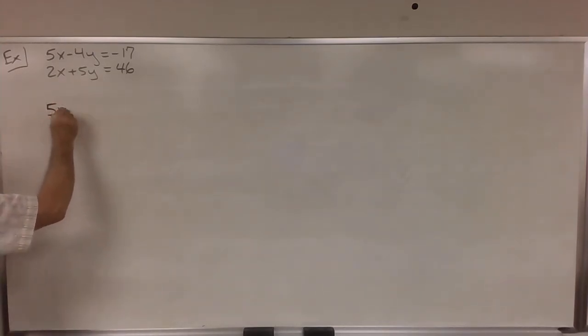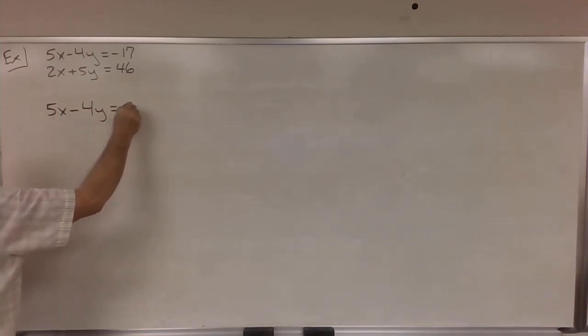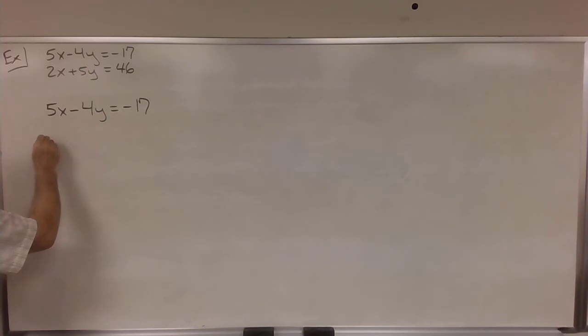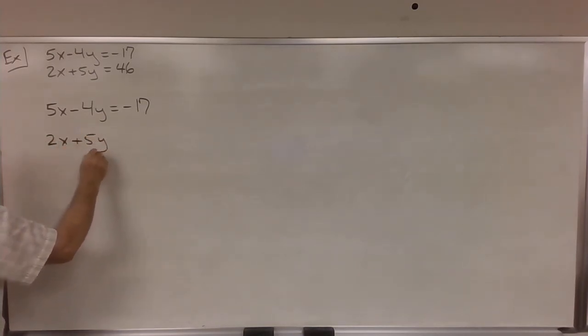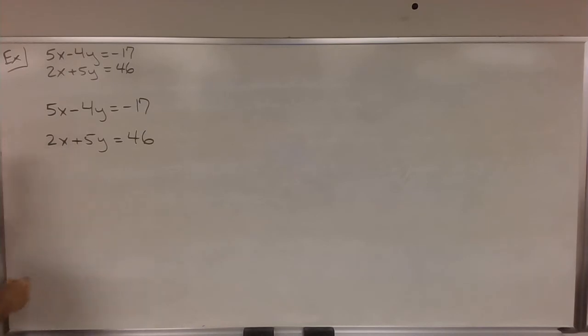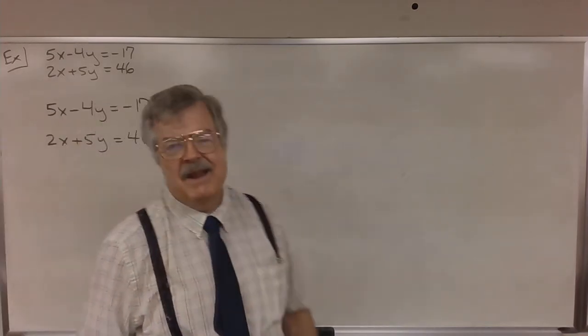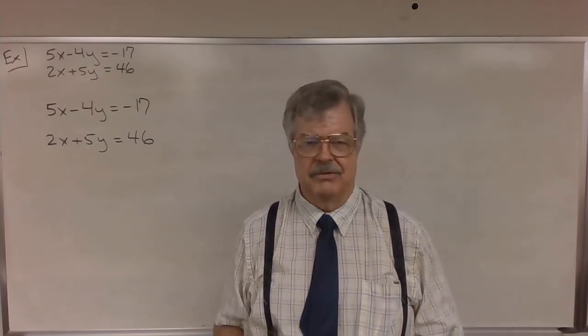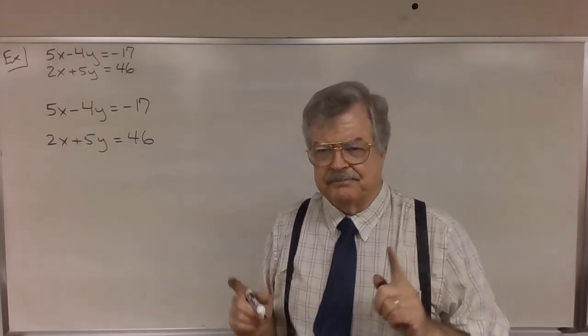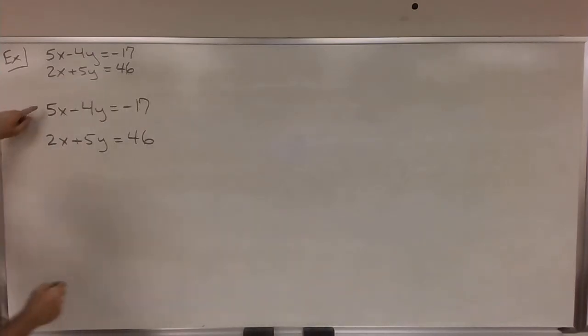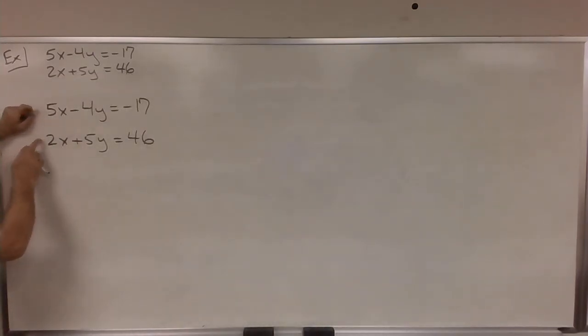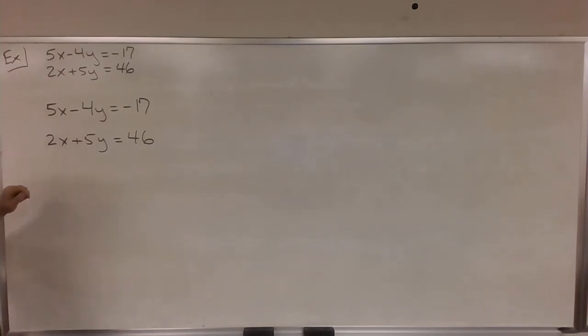We have 5x minus 4y equals negative 17. And we have 2x plus 5y equals 46. And since we can multiply either or both of these equations by any non-zero number that we choose, why not multiply the first equation by one number and the second equation by a different number so that this turns out to be the negative of that?